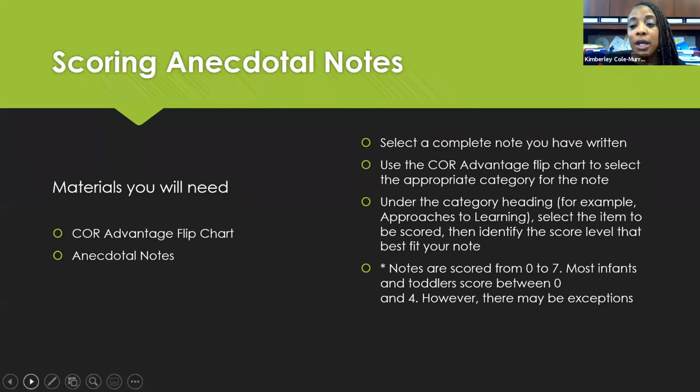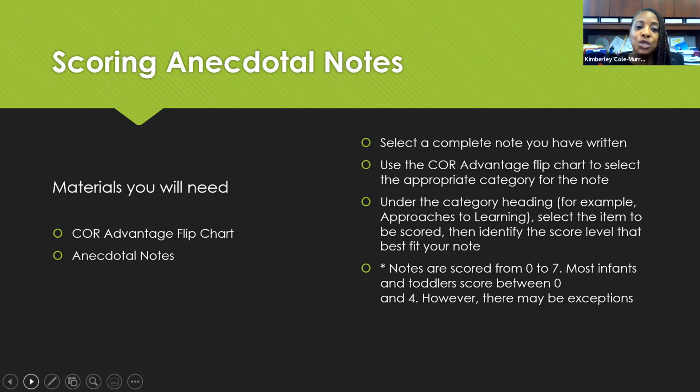So what do you need in order to score your anecdotal notes? You only need two things. You need that flip chart, or sometimes I think we've sent it out, you may have it available on your laptop as an electronic file, and you need your anecdotal notes.